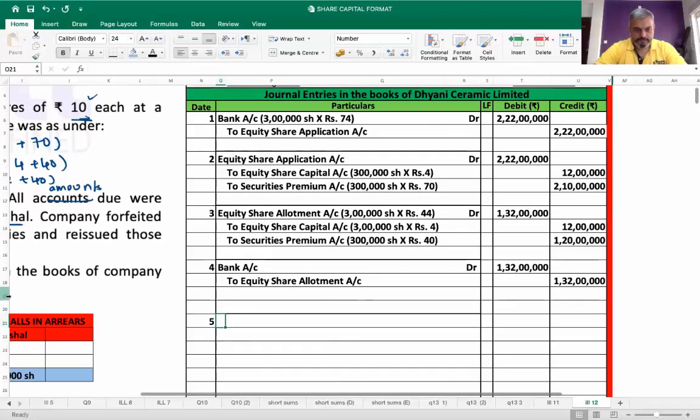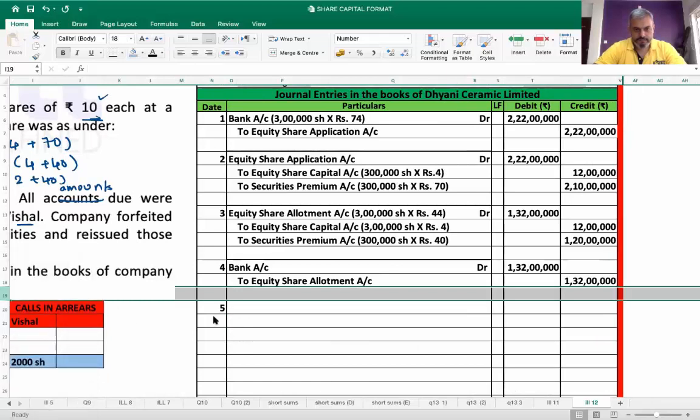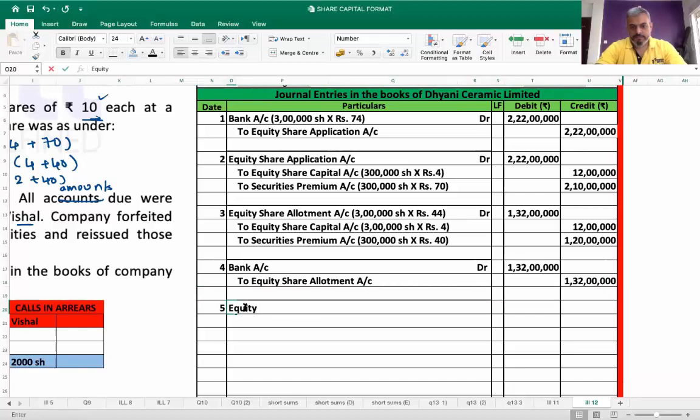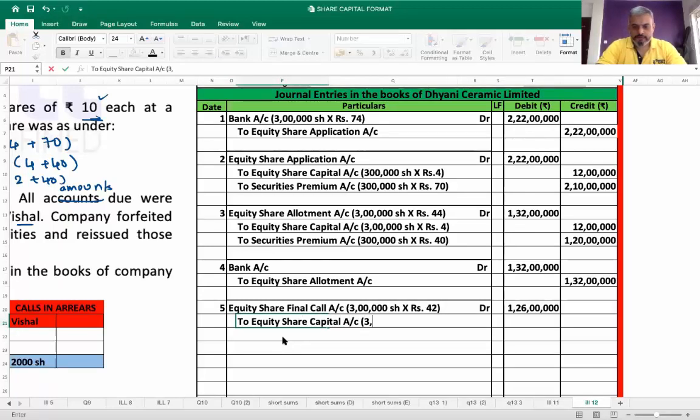Fifth, equity share final call account. 3 lakh shares into final call is 42. 1 crore 26 lakhs to equity share capital account. 3 lakh into face value rupees 2.